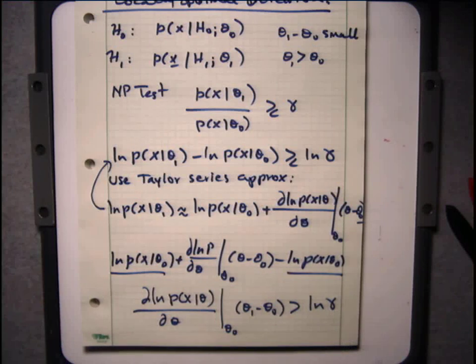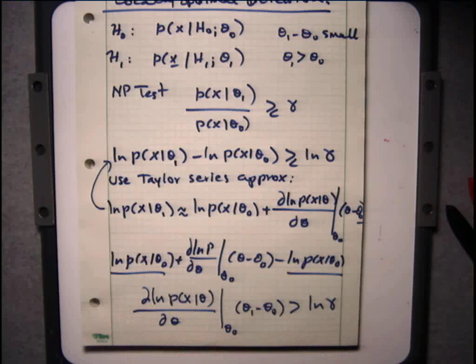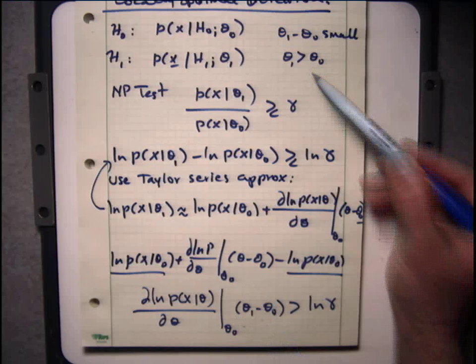And now what I would like to do is a test based on this. And if I want to do this test in such a way that it doesn't depend on the sign of this guy, now I need to keep that assumption. Okay?